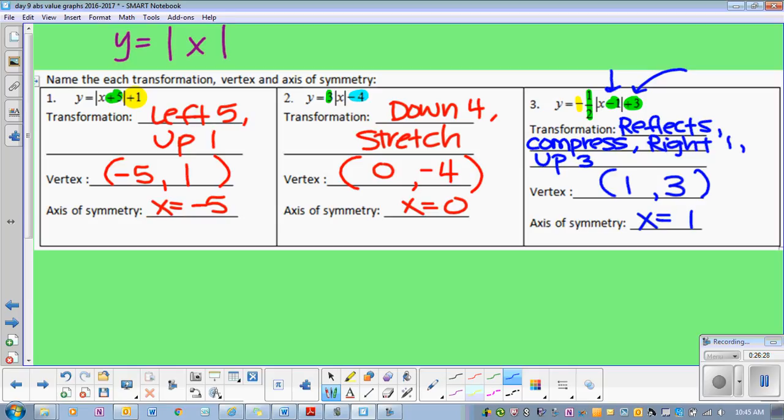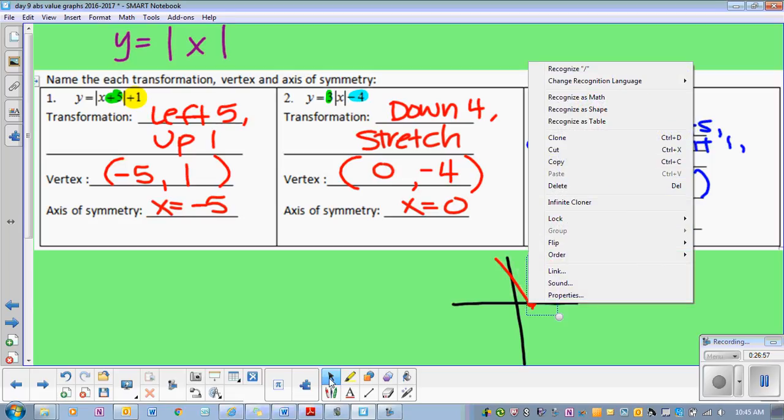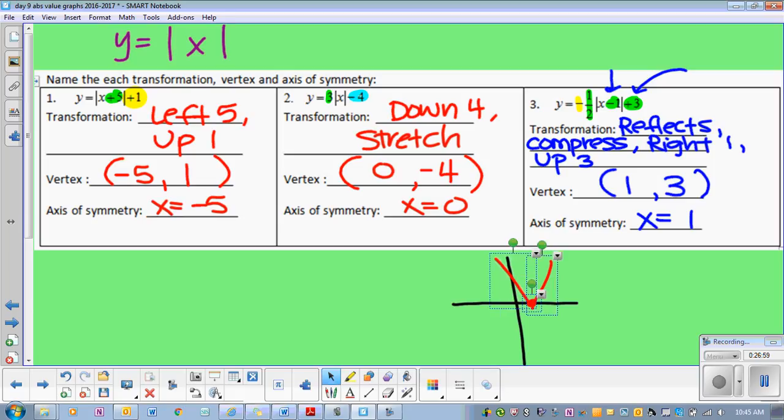Oh, you mean for the vertex? Yeah. Because, okay, that's a really good question. Your parent function was right here at 0, 0, right? Okay. If it moves right 1 up 3, right 1. It all moves right 1 up 3.